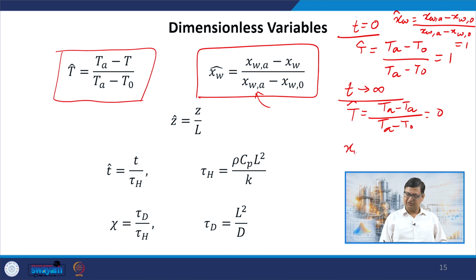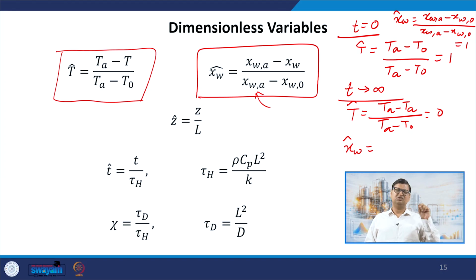And if I wait long enough, then eventually whatever moisture content we have should be the moisture content in the oven. And we are assuming that the oven is a much bigger space than the small biscuit. So, the ambient moisture content is pretty much unaffected by whatever moisture it gains from the biscuit, because the ambient may already have some moisture, and the ambient is a much bigger space anyway.